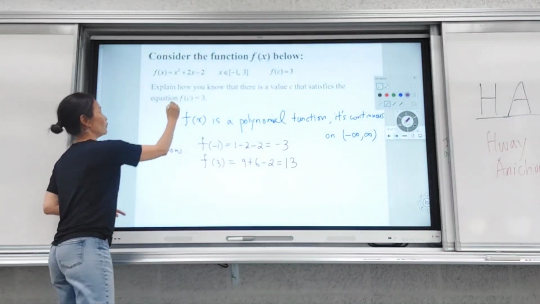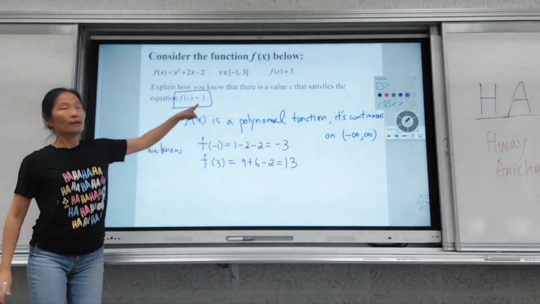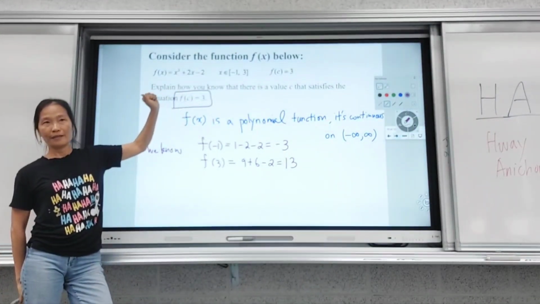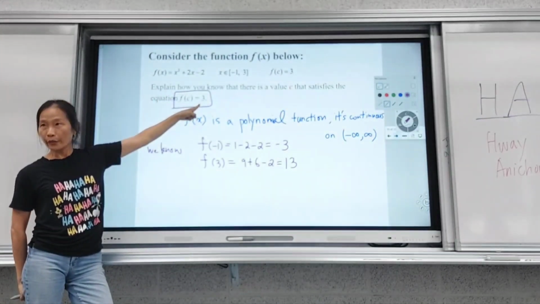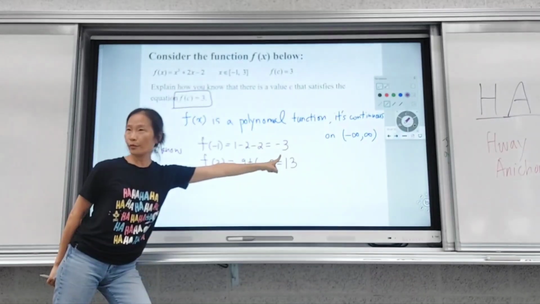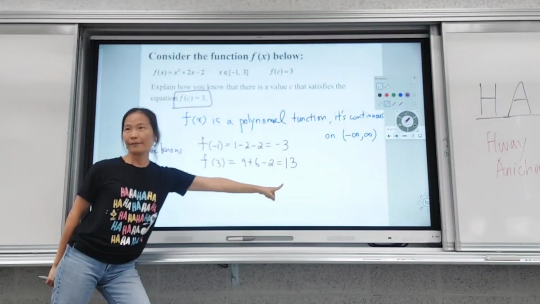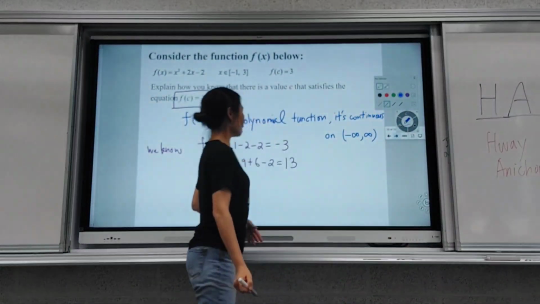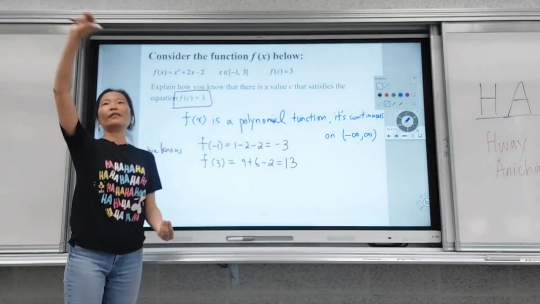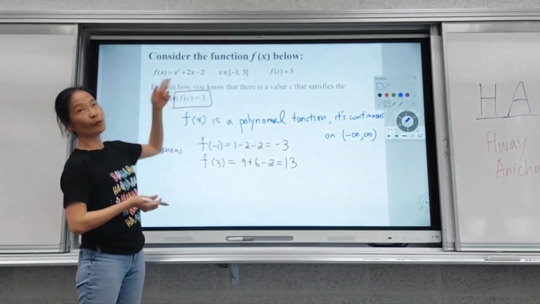Look at the question. What would they want to make us say IVT guarantees? The value 3, right? 3 is in between -3 and 13. Yes, we can guarantee that. Because it's continuous, in order for you to go from -3 to 13, you have to pass the value of 3.